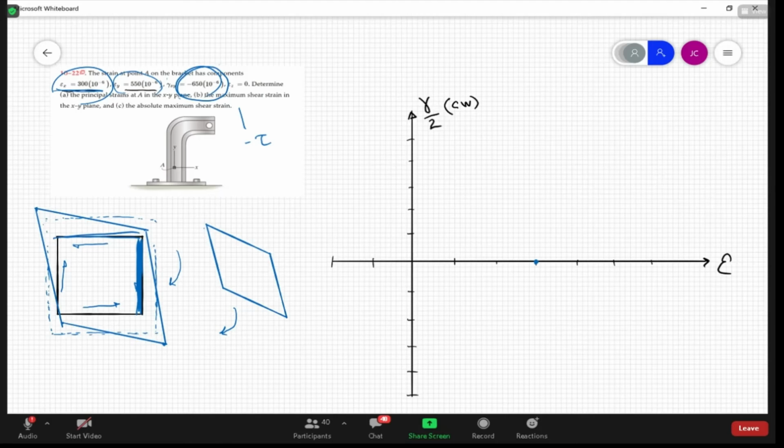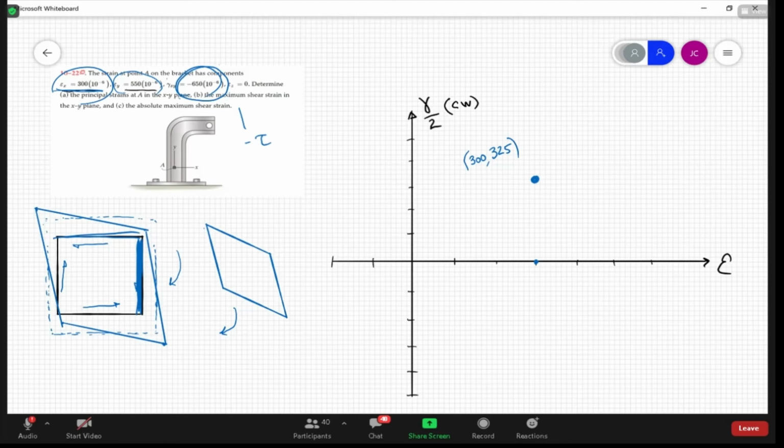So we go up to 325. That puts us about here. That's that blue face, at an X value of 300 and Y value of 325, again because it's the shear strain over 2.